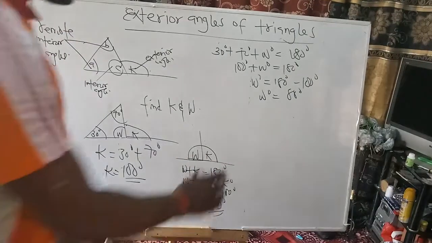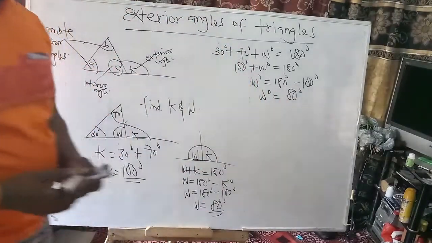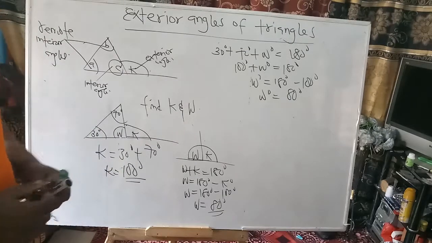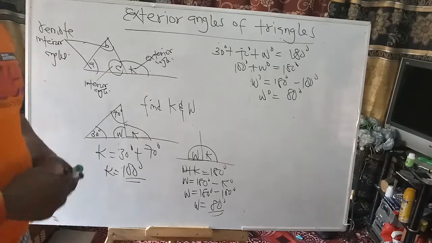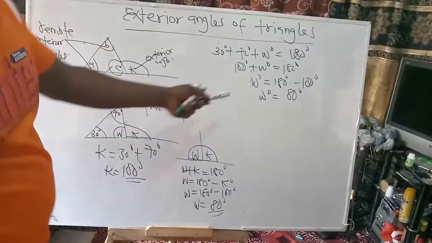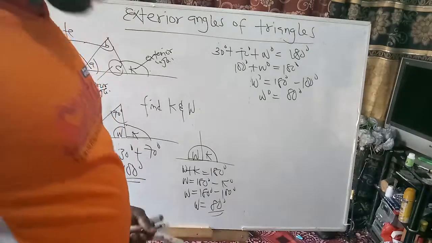I've also gotten it. So simple. As I've gotten my W at this stage, I still know that angles on a straight line add up to 180.